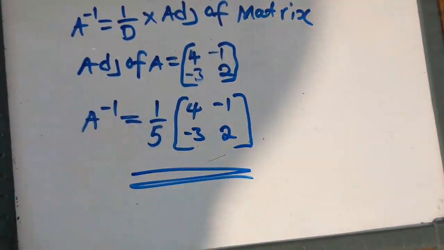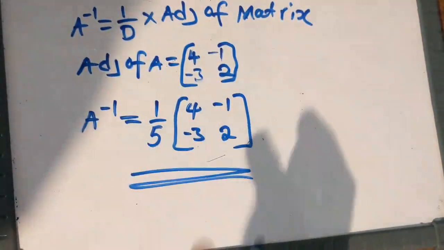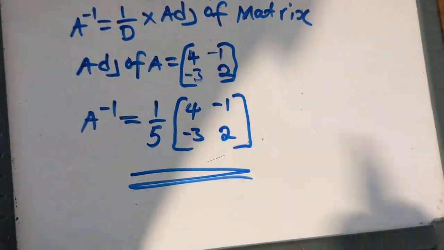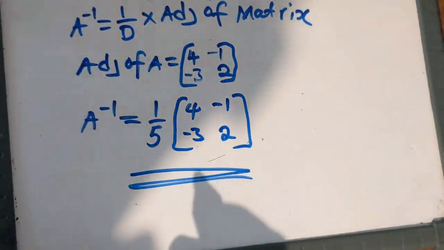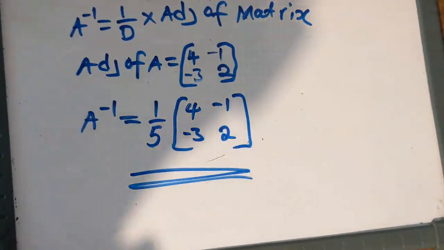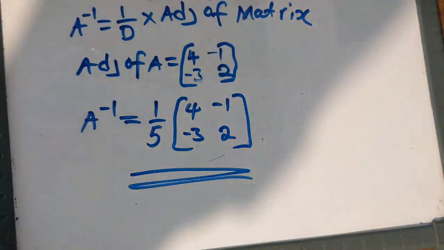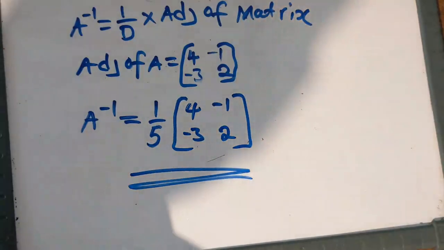Then you're done. Don't even bother to multiply. Just end there, they will give you full marks. So that is how you find the inverse of a matrix.